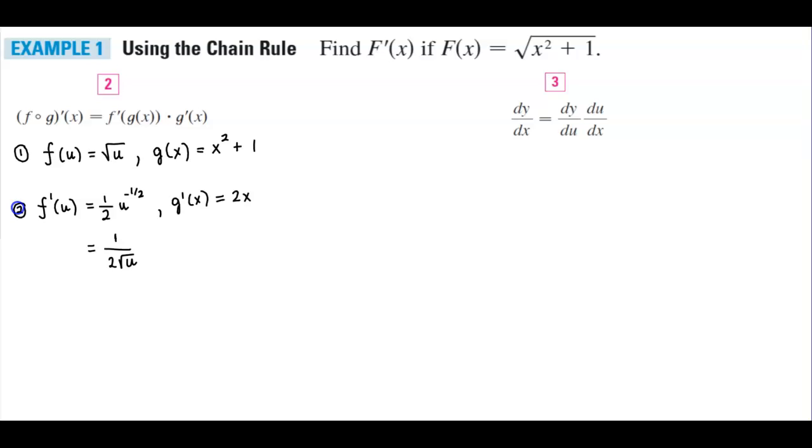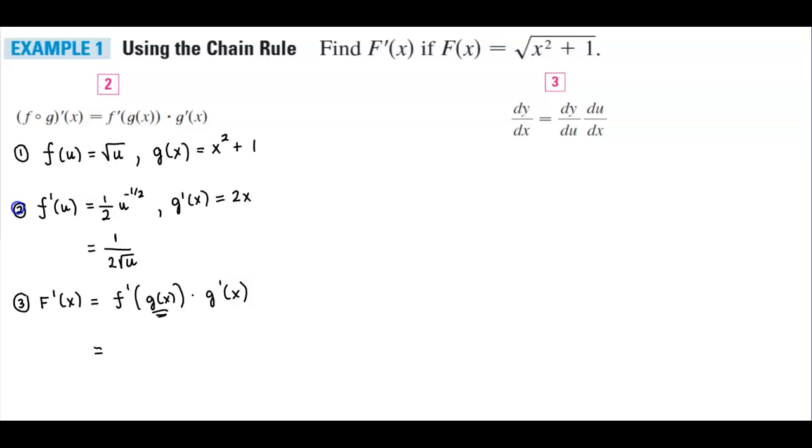Okay, so now if we use that formula, we want to find f prime of x. Well, that's going to equal f prime of g of x times g prime of x. So what that means here is that g of x is going to be the input on f prime.